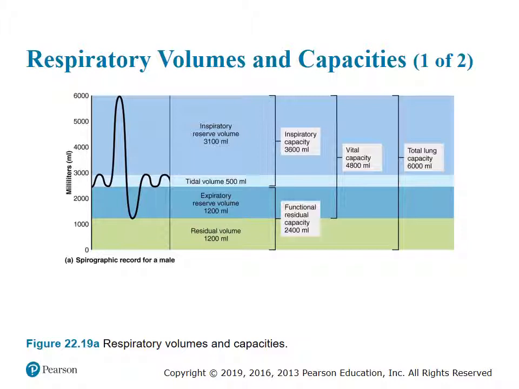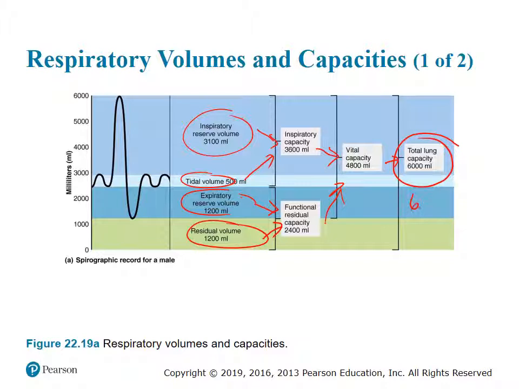We see this here: the IRV up top, then the TV, ERV, and residual volume. When you add many of these together, you get these values here, and all of those together is total lung capacity.